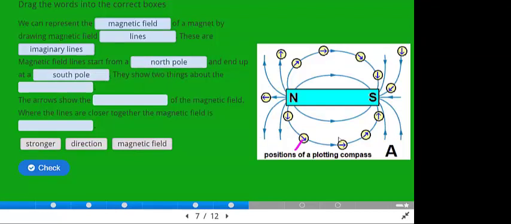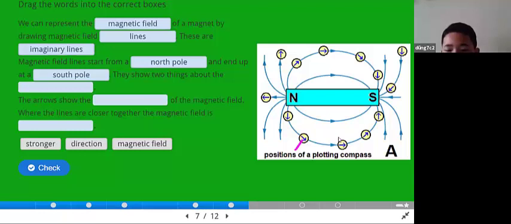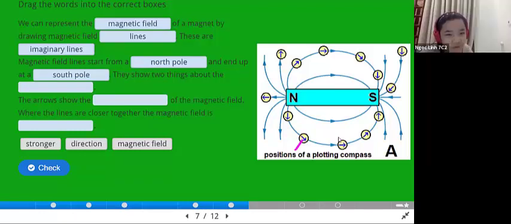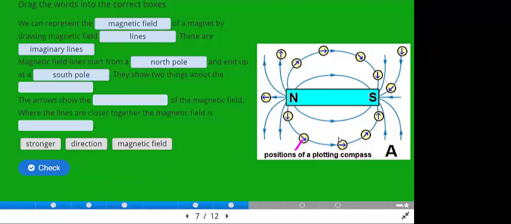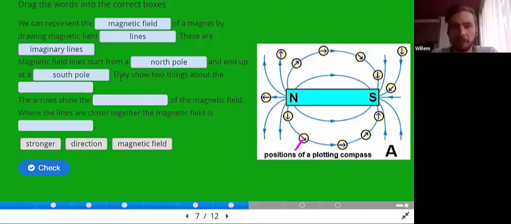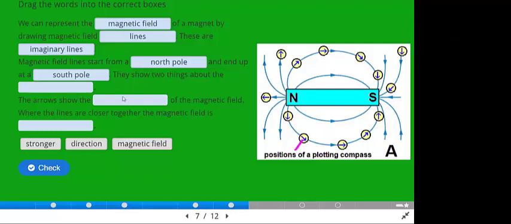Okay. Vi Bảo, can you read the next one? They show two things about the magnetic field.